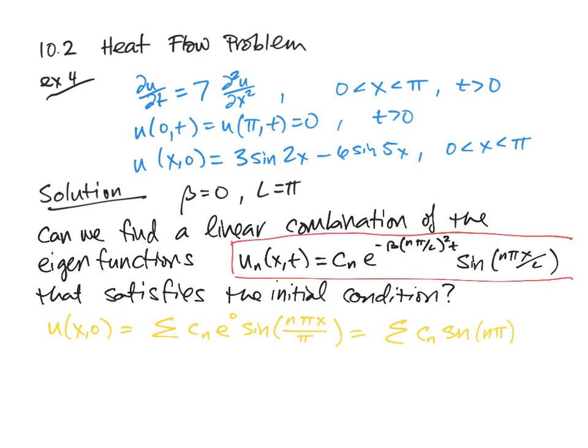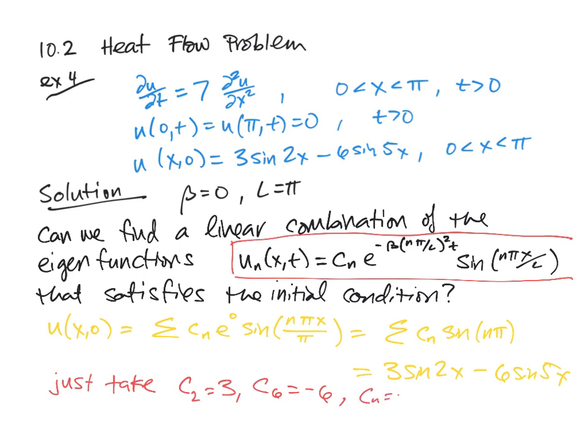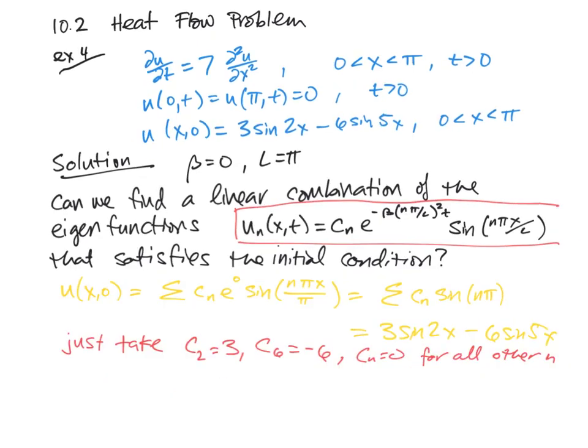And then we need this to equal our initial condition, which is 3 sine 2x minus 6 sine 5x. Okay, well, that's pretty easy. Just take c_2 equal to 3 and take c_5 equal to negative 6. And then c_n equals 0 for all other n.